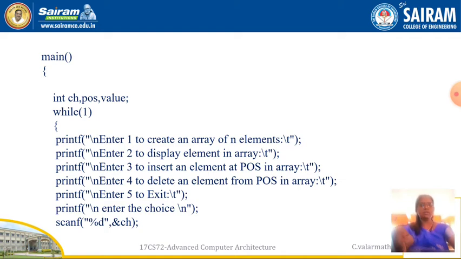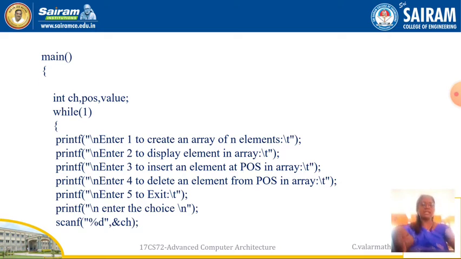Then pos: if we are going to insert an element at one position, that position should be specified, and it is declared in the variable pos. And value, the value that has to be inserted. So these three variables are declared as integers before starting the logic.